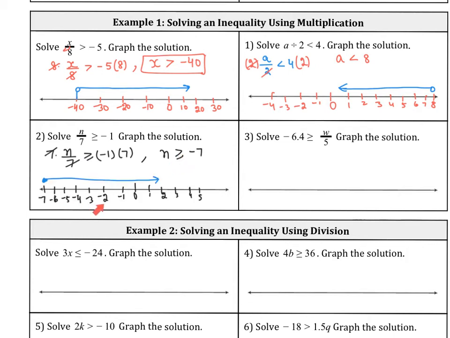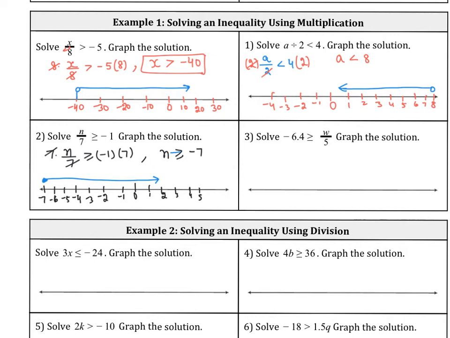So I made a number line that is going till negative 7, and on top of negative 7 I make a closed circle, and n is greater than or equal to negative 7 means it's going to the greater side. Again, if you're not sure which direction it is going to go, then you can make a line in the center of the inequality and the arrow points out to the right side, so it means it's going in the right direction.